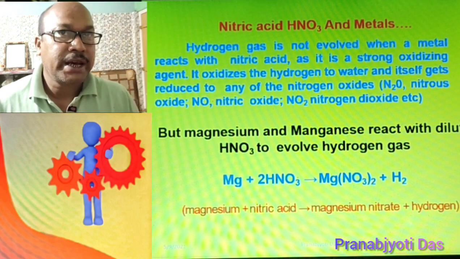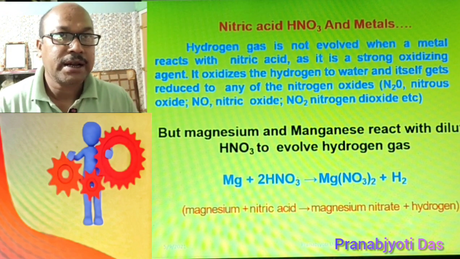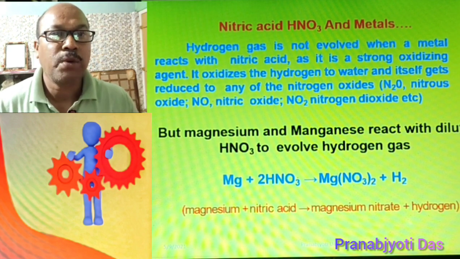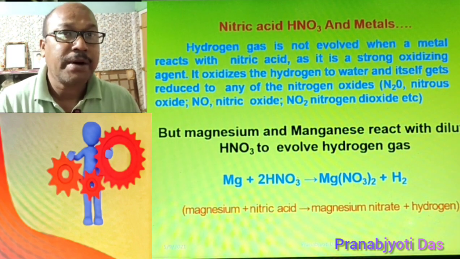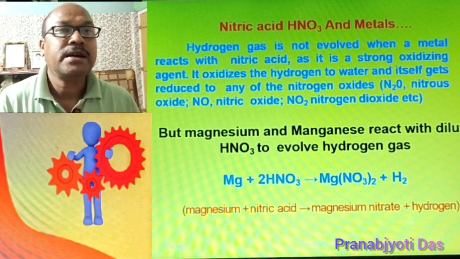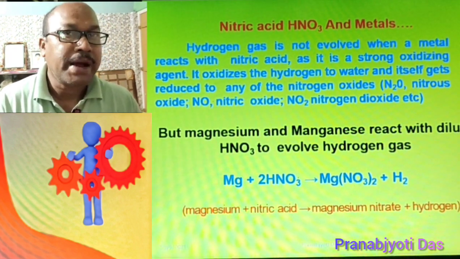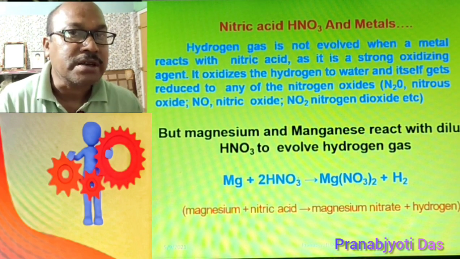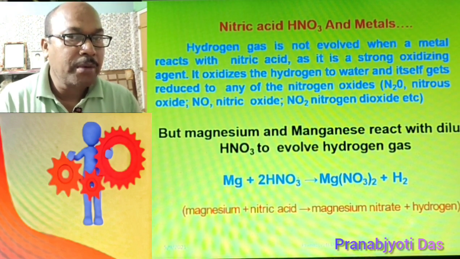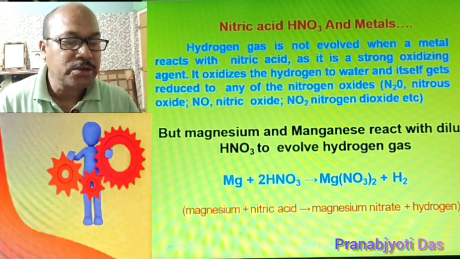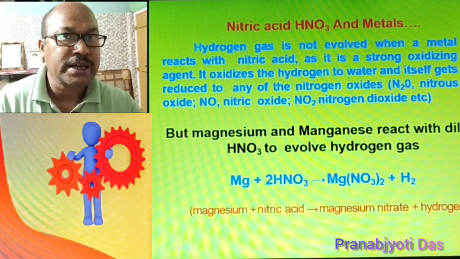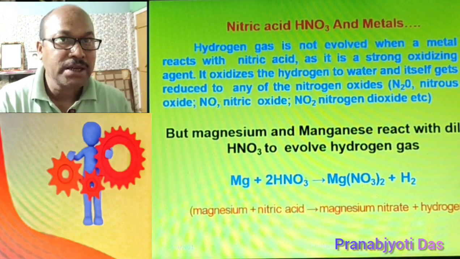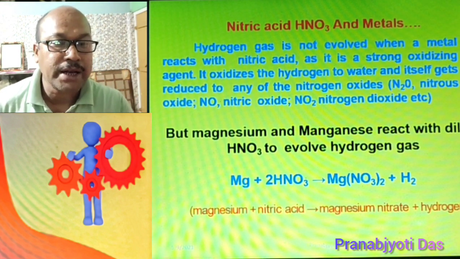Now nitric acid, HNO3, and its reaction with metals. This is interesting, because hydrogen gas is never evolved when a metal reacts with nitric acid. We have already mentioned that metals react with acids and produce salt and hydrogen gas, but nitric acid is special.